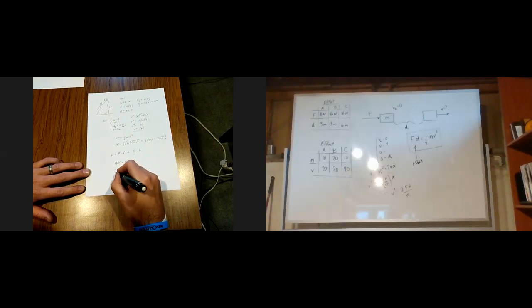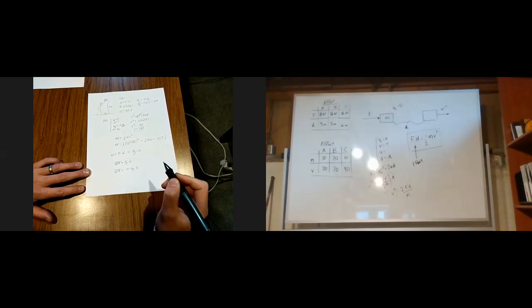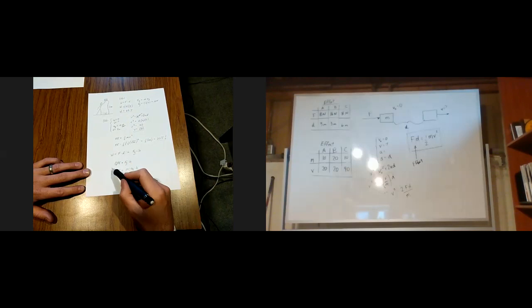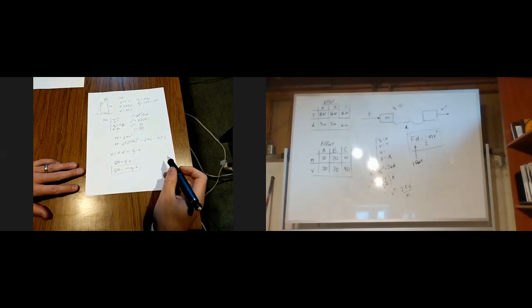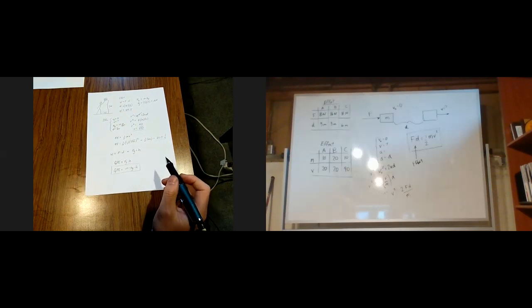Or the way that we really refer to it, gravitational potential energy is its mass times the acceleration due to gravity times the height. Here is our third and for today final form of energy that we need to add to our collection.